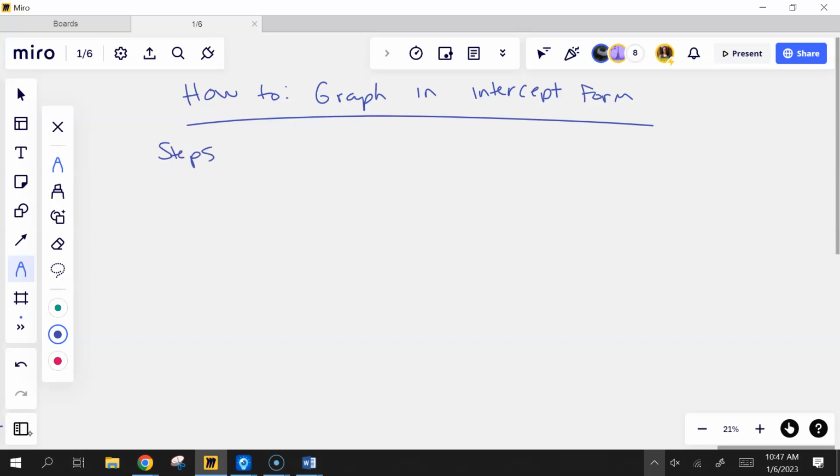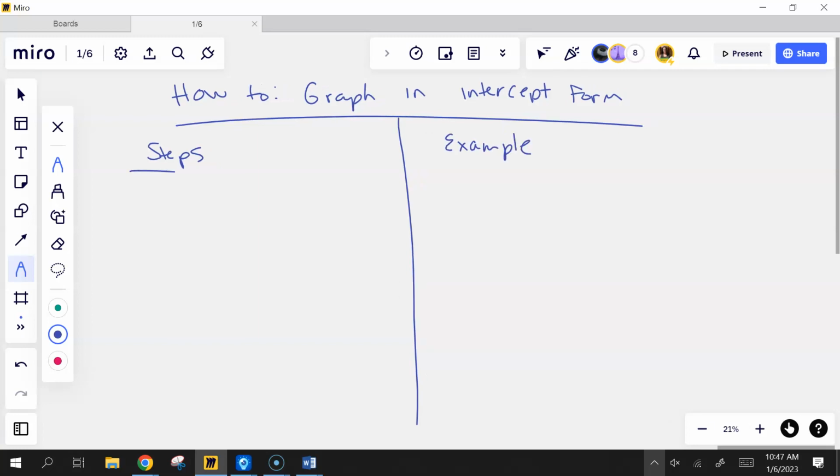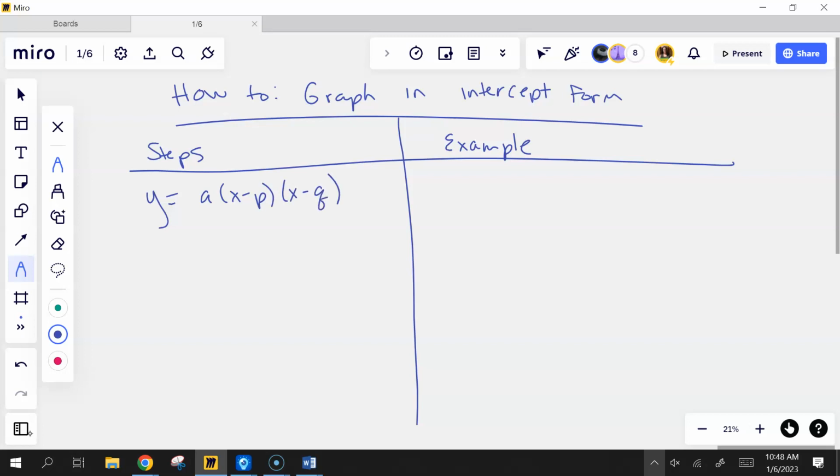Steps. This is the form that you will most easily go from standard form to get to this form, whenever we get to it a little bit later in the chapter.